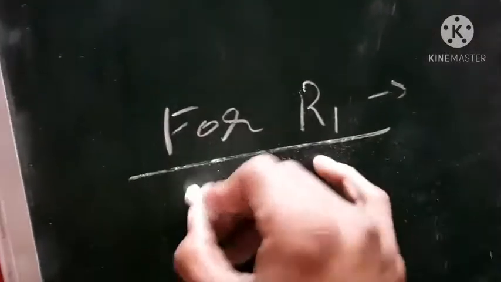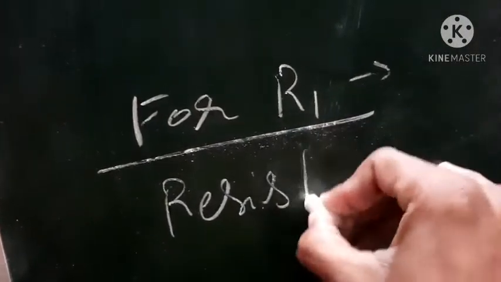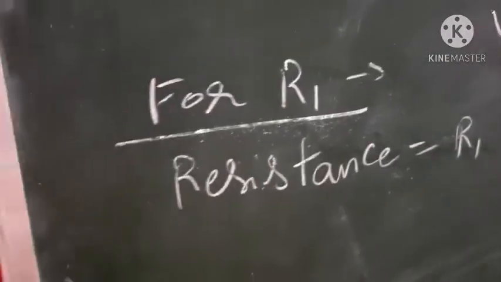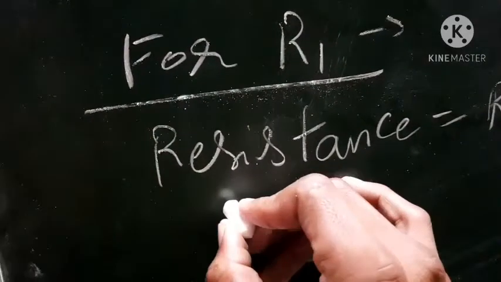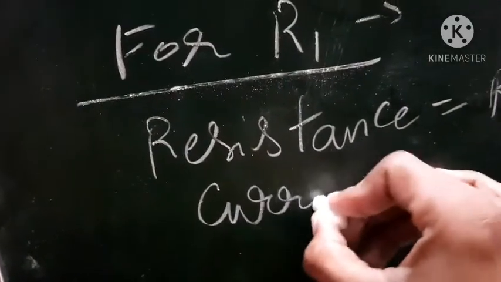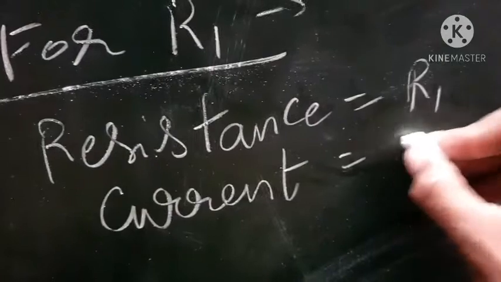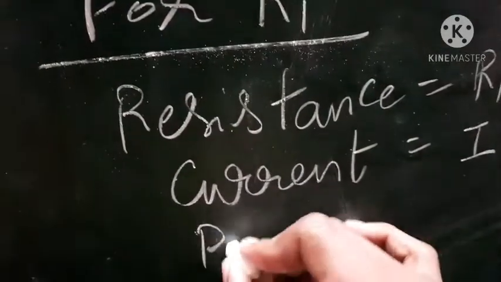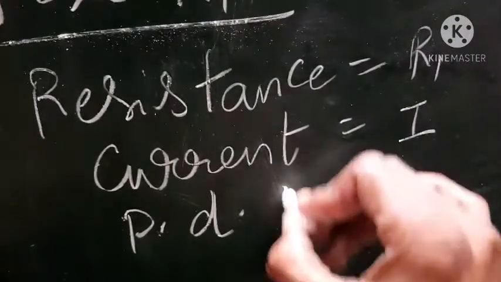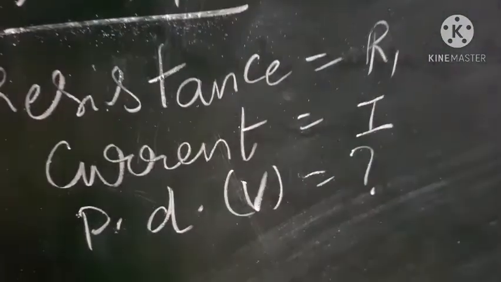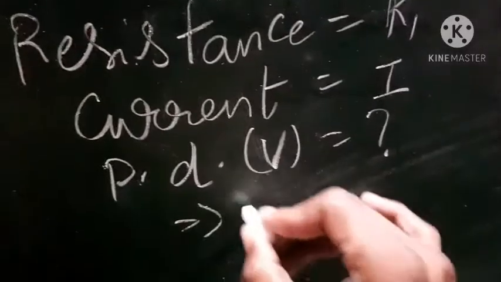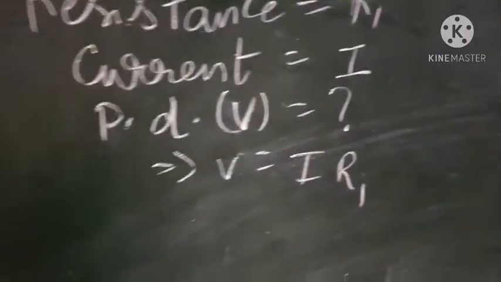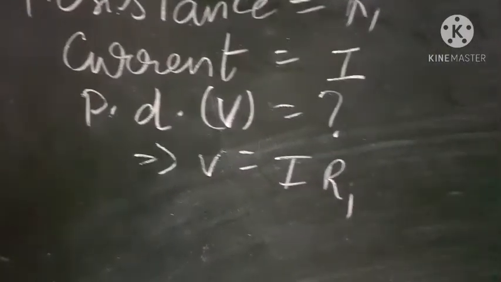Let's talk about resistance number 1. Its resistance is R1 and the current through it is I. So now the potential difference V will be, as we know that potential difference V according to Ohm's law is equal to IR, so it will be IR1.